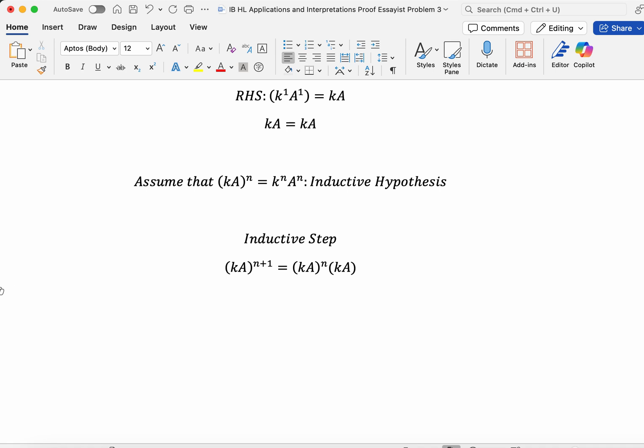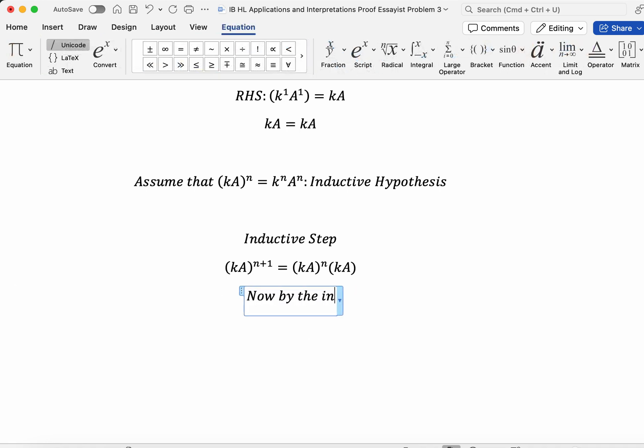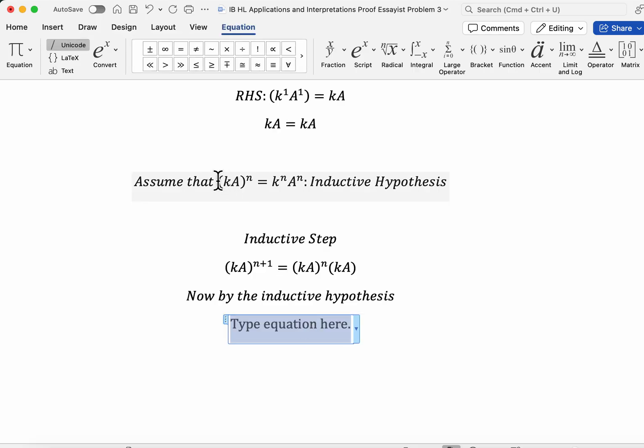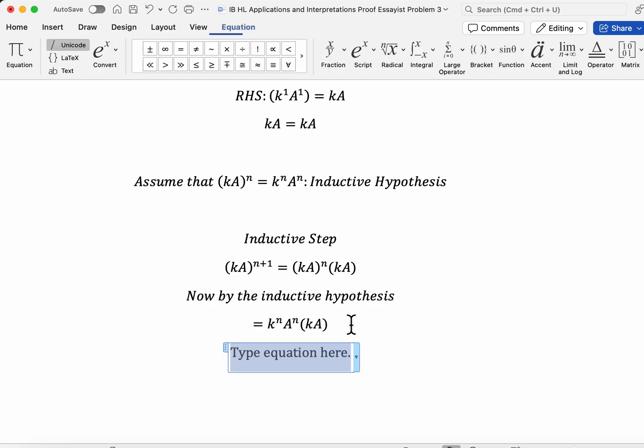But now by the inductive hypothesis, this substitution follows, which is basically this thing over here. This next substitution follows here, which is then k to the n, a to the n, times Ka. And we can commute scalars around.